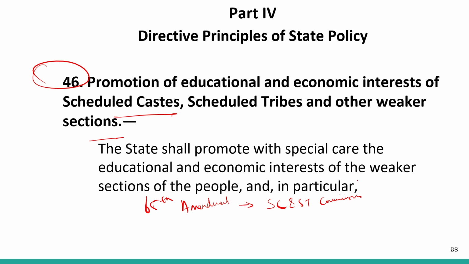This was known as NCSC and ST, the National Commission for Scheduled Caste and Scheduled Tribe.